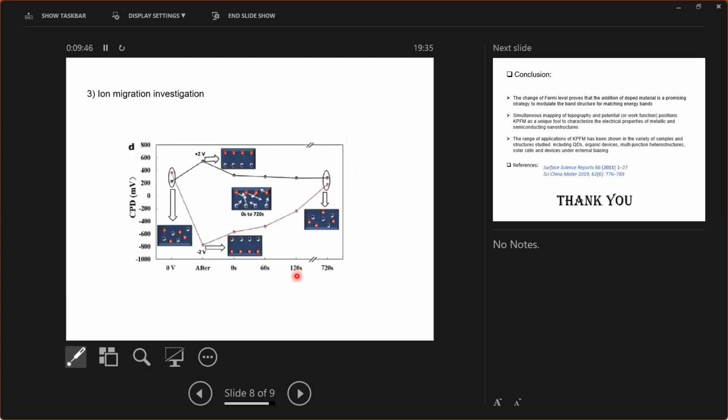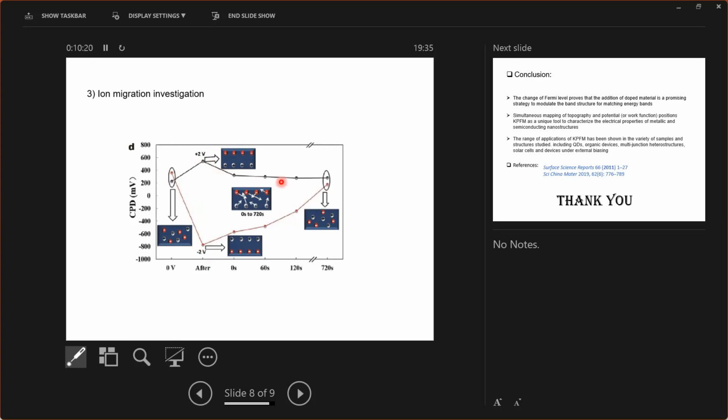Also we can do ion migration investigation through this KPFM measurement. Here a sample is taken without bias, and then they apply two biases, one positive 2 volt and one negative 2 volt. After giving the bias, the electrons and holes get separated, and then they turn the bias off.